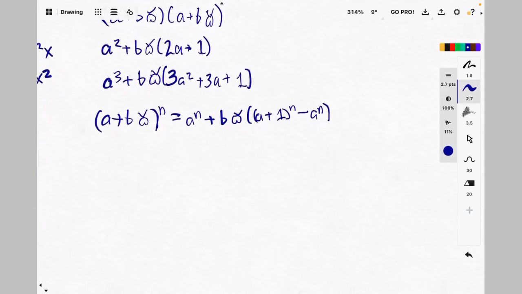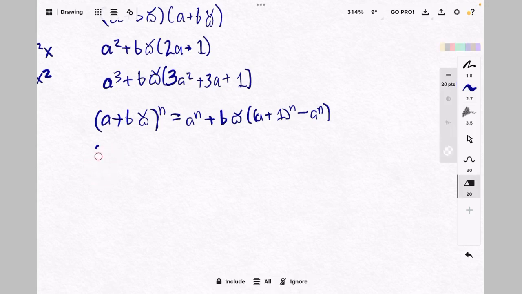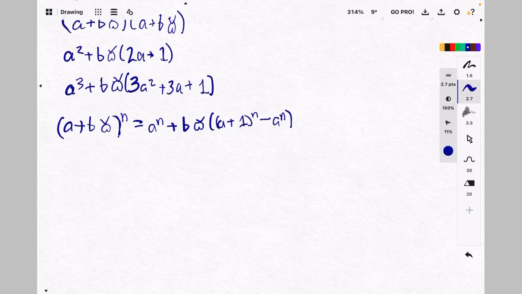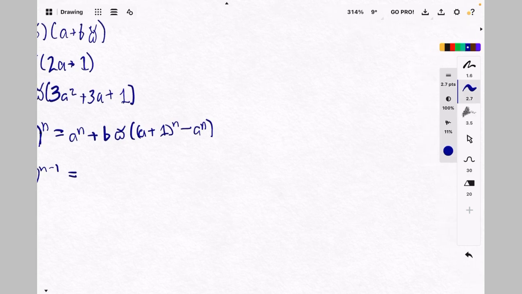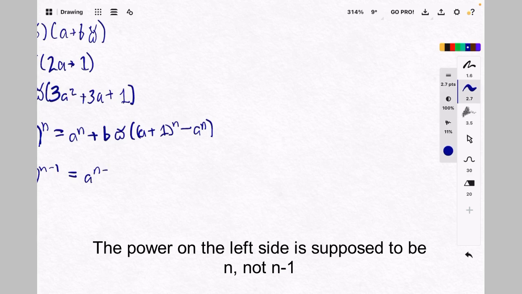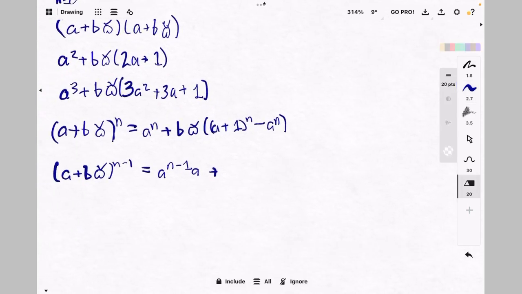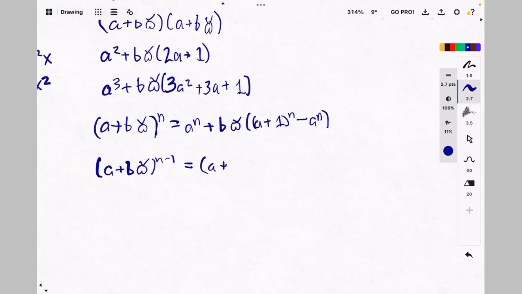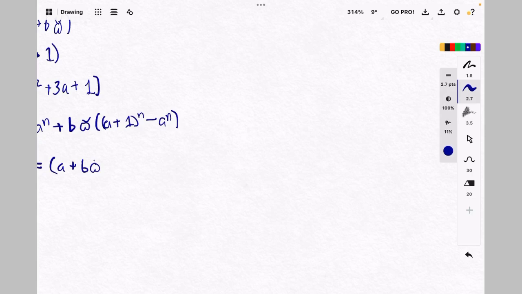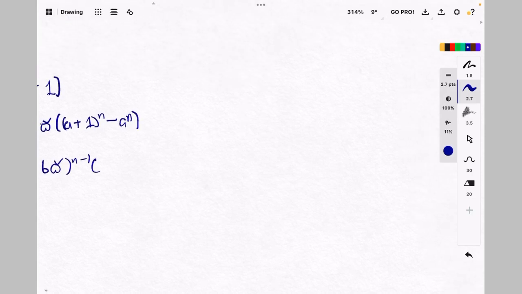So, let's do n minus 1. (a plus b telugu d) to the n minus 1 equals (a plus b telugu d) to the n minus 1 times (a plus b telugu d).